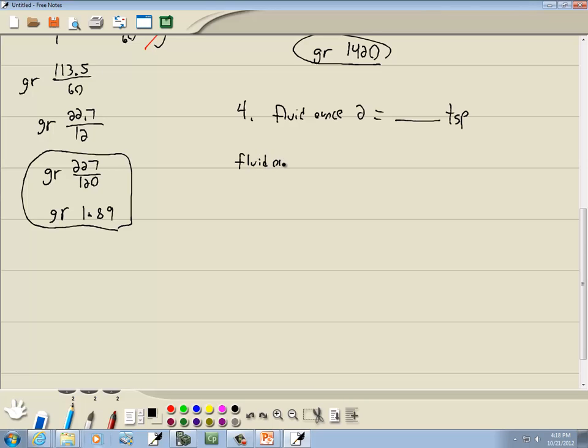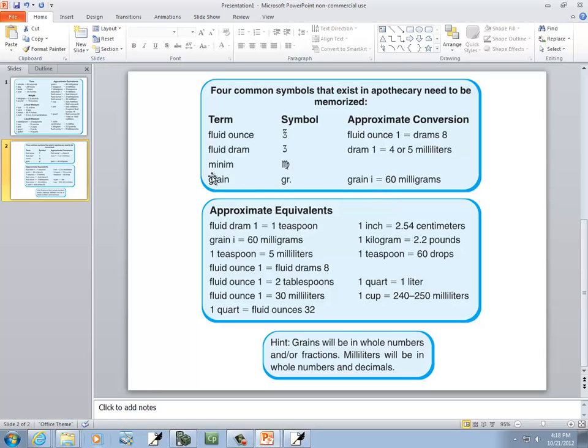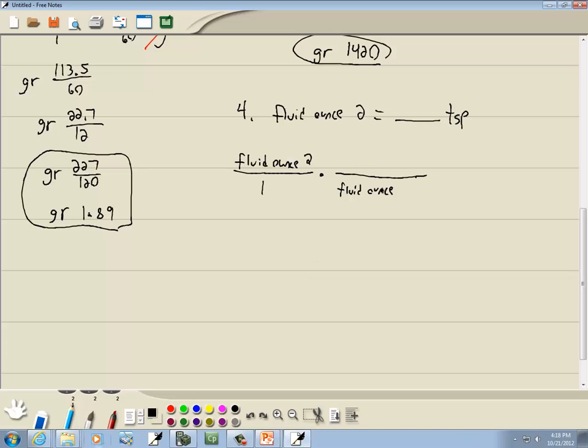I put my fluid ounces up here, over 1. The next fraction: fluid ounces has to be down here. If it's up here, it has to be down there. And we said that, what did we say? There it is. 1 fluid ounce is 2 tablespoons.